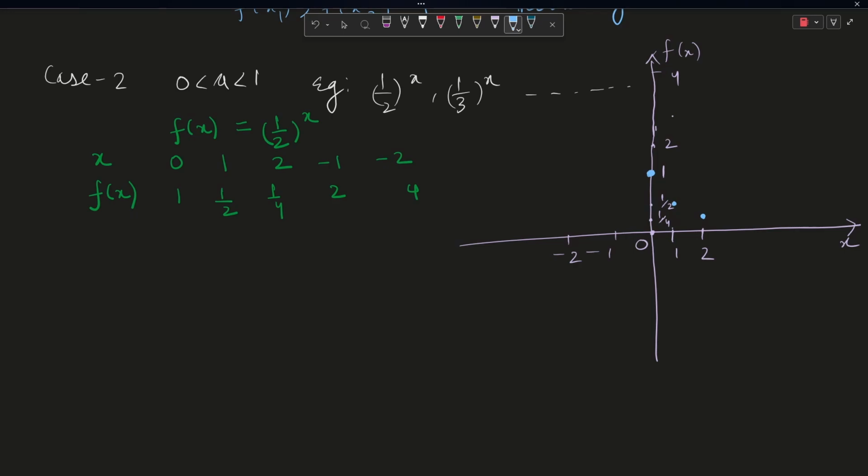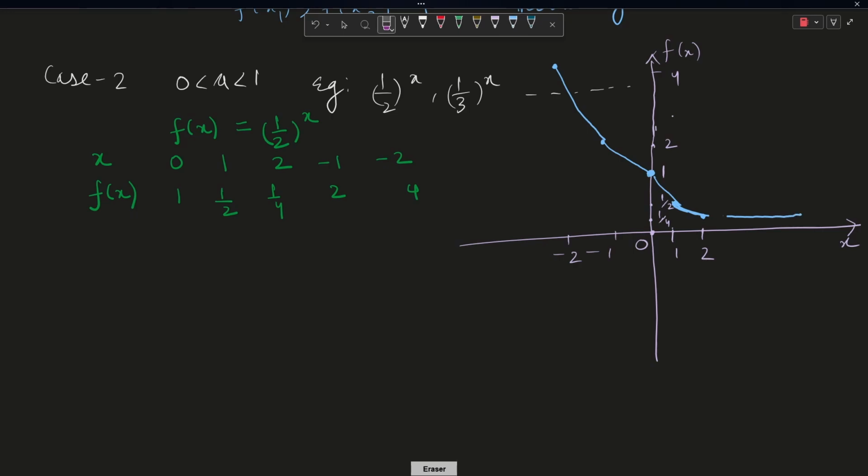And similarly, when x is equal to -1, the value is 2, and when x is equal to -2, the value is 4. We will draw the graph just by joining the points. The graph is not that accurate because I'm drawing freehand. Okay.